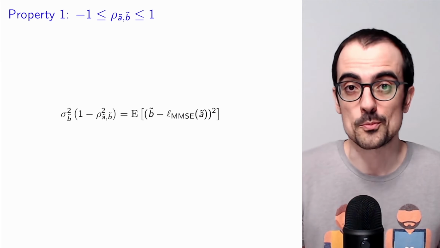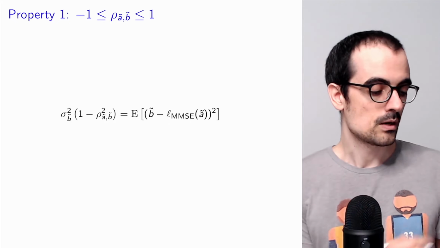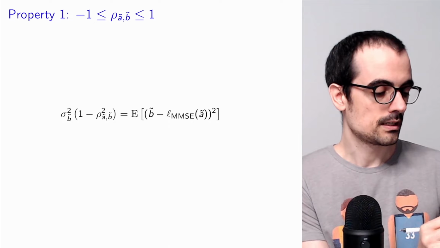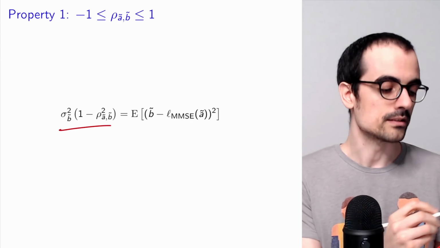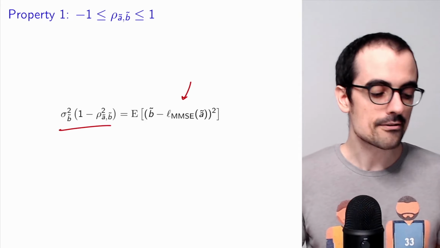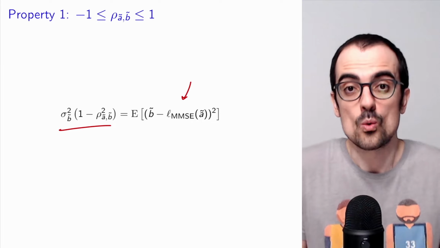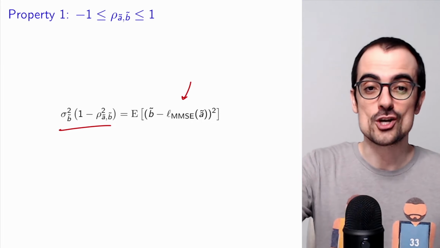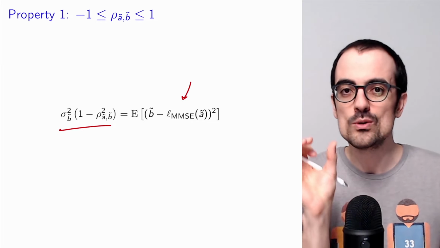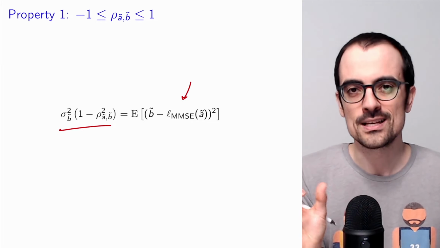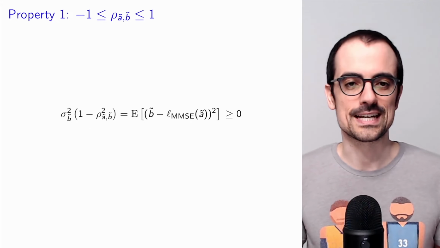Let's go for the first property, which is that the correlation coefficient is always between -1 and 1. We have just proved that the variance times 1 minus the correlation coefficient squared is equal to the mean squared error. But now we realize that the mean squared error can never be negative. Why? Because it's a mean of a non-negative quantity. It's going to be an integral or a sum that only involves non-negative quantities, and densities or probabilities that are also non-negative. So this is always non-negative.